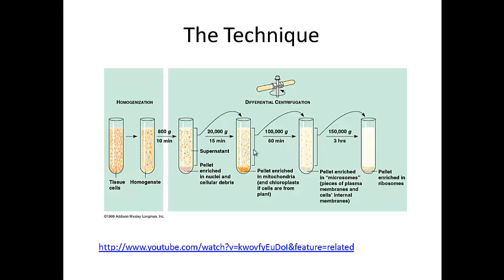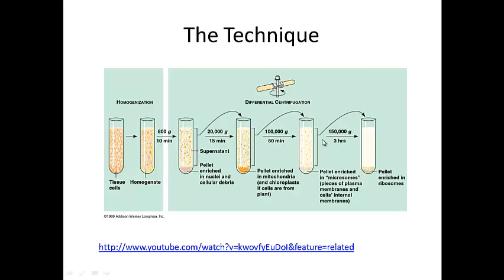And what you have now is supernatant again, but you also now have a pellet that is enriched in mitochondria. And if these were plant cells, you'd have chloroplast in the pellet. So now if we centrifuge again, so this is a process of differential centrifugation, we centrifuge again, and now we have a pellet that has microsomes, and we have our supernatant.